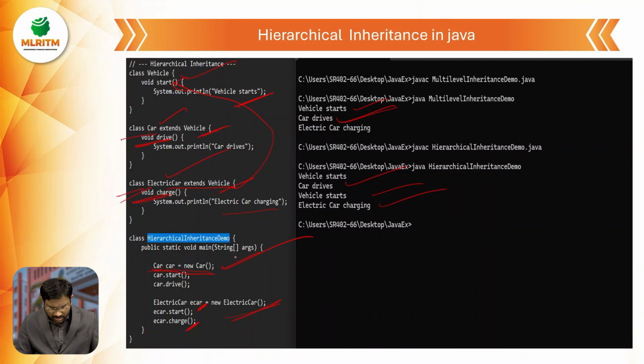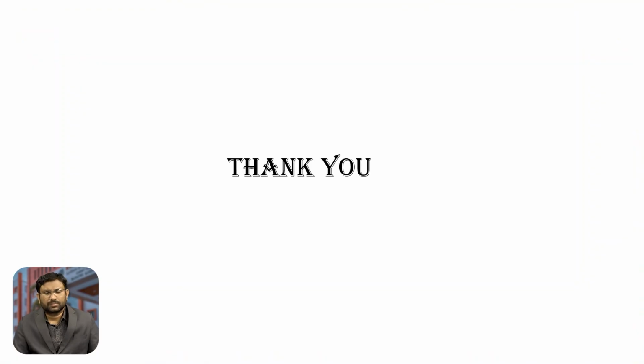Here I have created an object for ElectricCar and an object for Car. So this is about hierarchical inheritance in Java. Okay, thank you everyone.